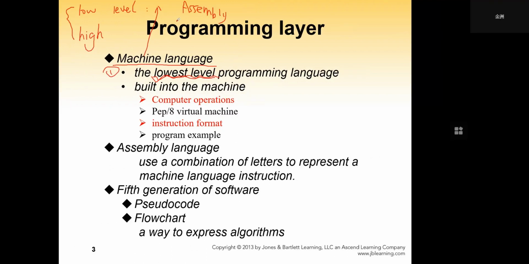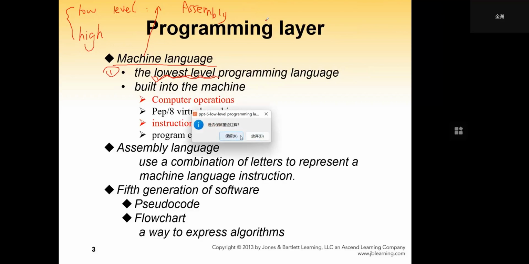It is a little bit higher than the machine language, which is directly written in binary strings. It is written in some English words to be easier for human beings to understand. But both of them we call low-level programming languages.